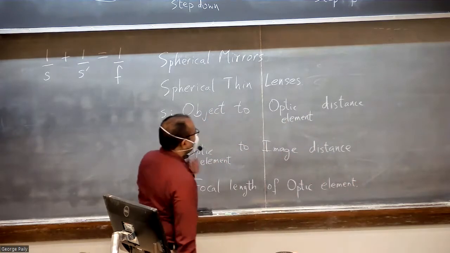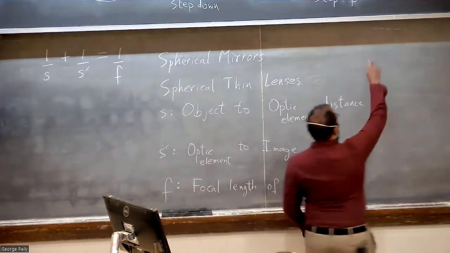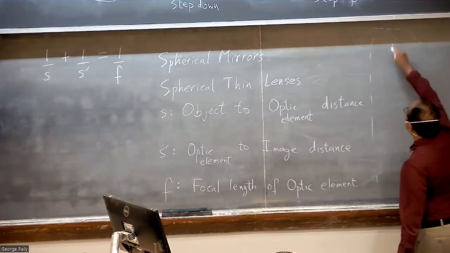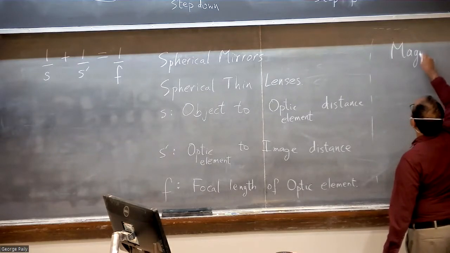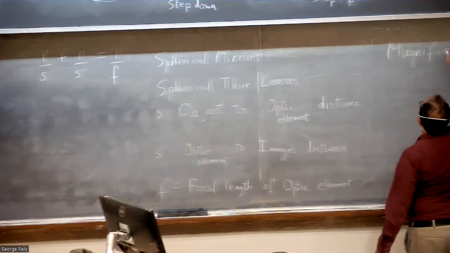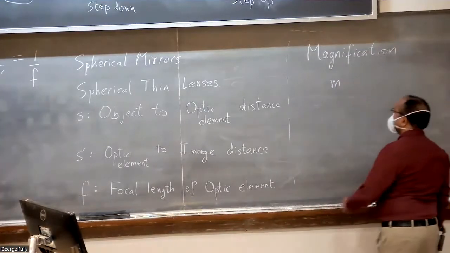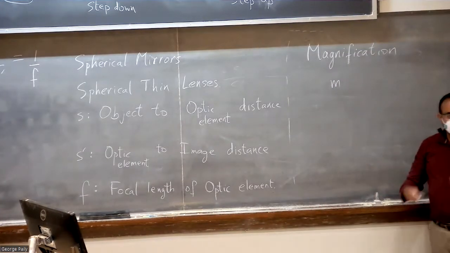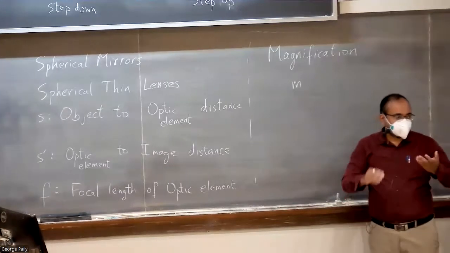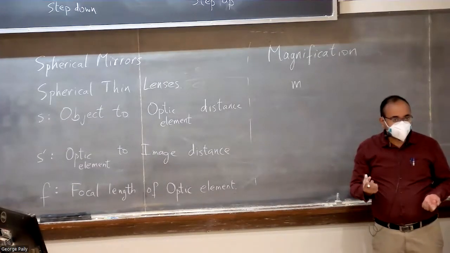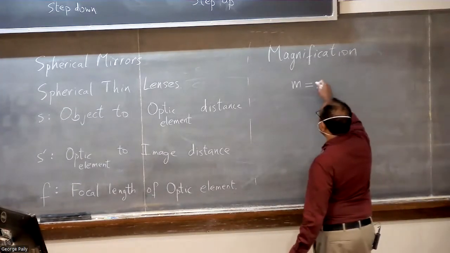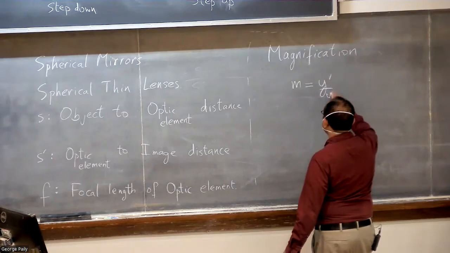Okay, we can also talk about magnification, which we usually denote by little m. So the basic definition of magnification is the height of the image over the height of the object. So it is y prime over y.